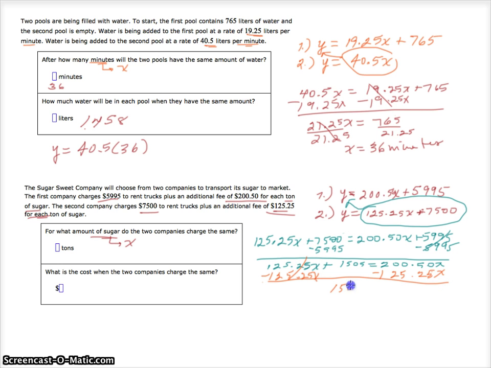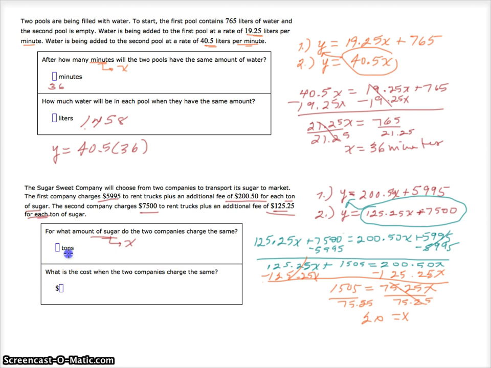So I'll get 1,505 equals 200.50 minus 125.25, and that gives me 75.25x. Now I can divide both sides. x equals 1,505 divided by 75.25, and that is 20 tons.